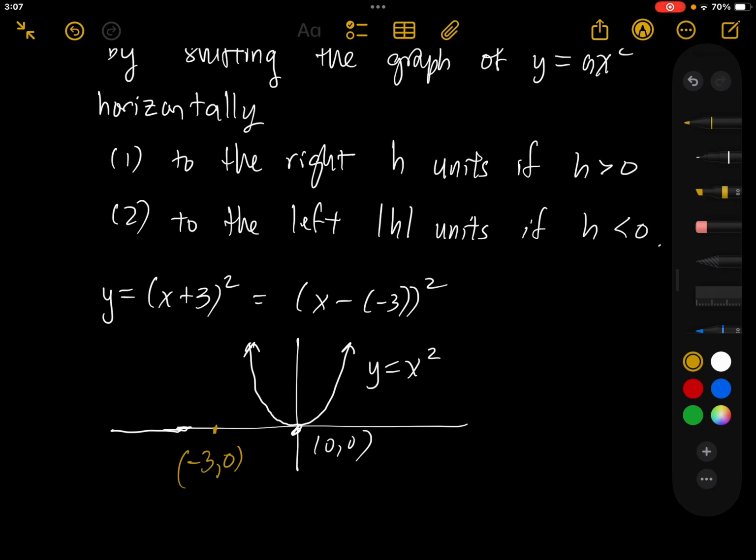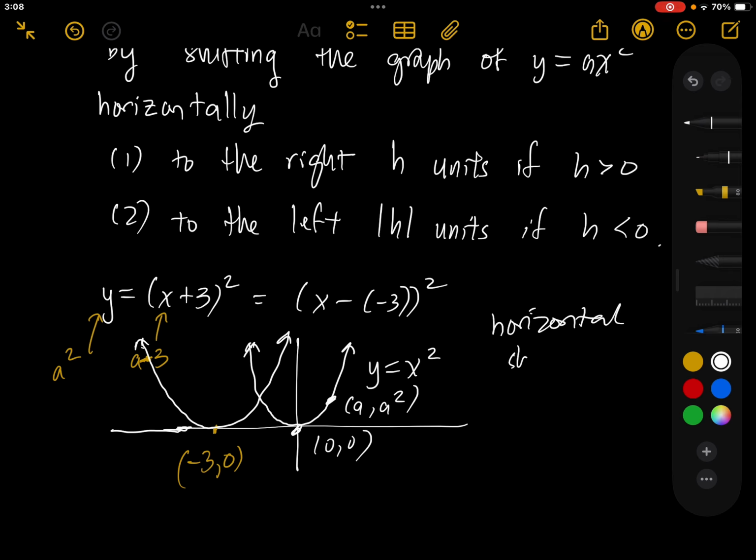And similarly, any point on y equals x squared, if it's like a comma a squared, then what you need to make your x is a minus 3. You need your x to be a minus 3 so that the result is y equals a squared. So that explains why the graph shifts 3 units to the left. Horizontal shift 3 units to the left.